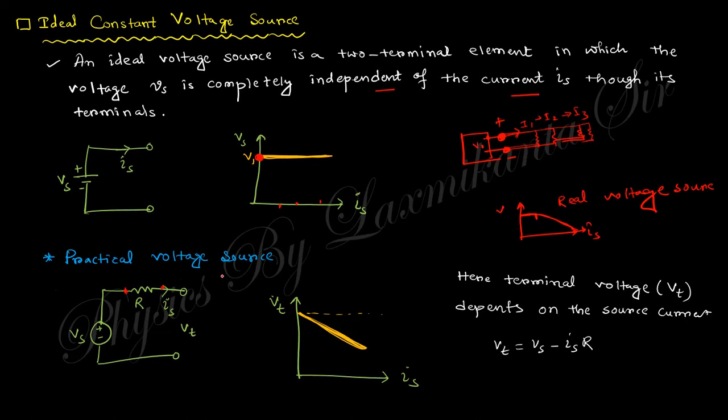In real there is an internal resistance within this voltage source, but in the ideal one this internal resistance must be 0. That's why the voltage is always constant, with no change due to the external current. So this is the ideal voltage source graph and this is the real voltage source curve.